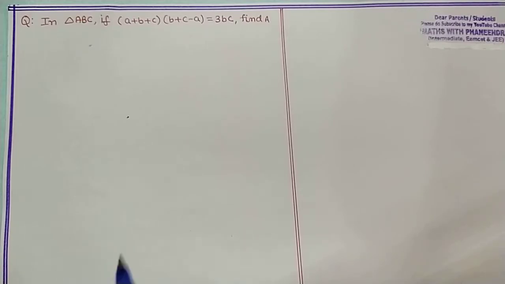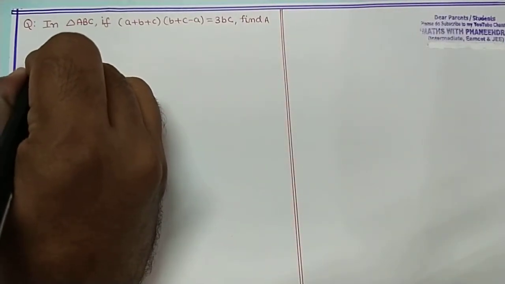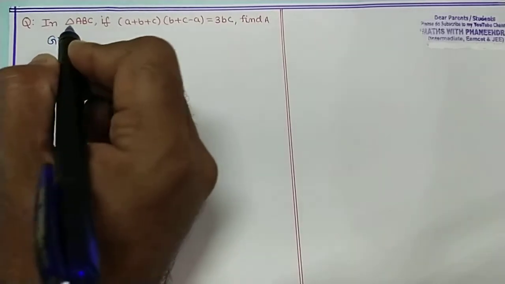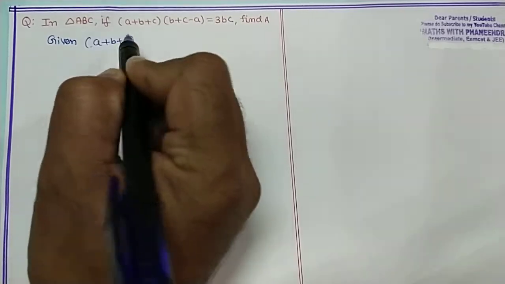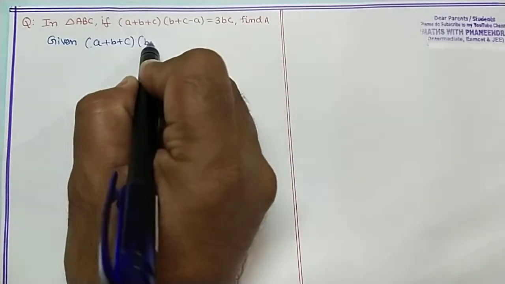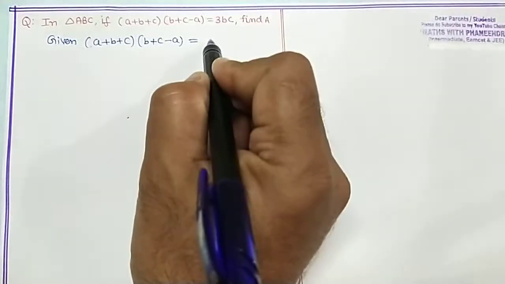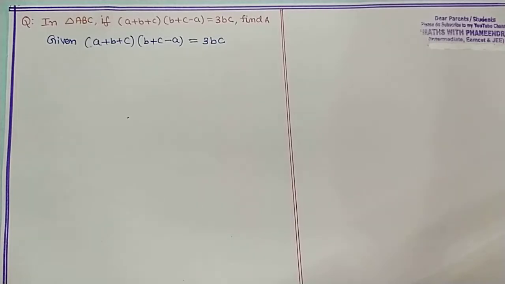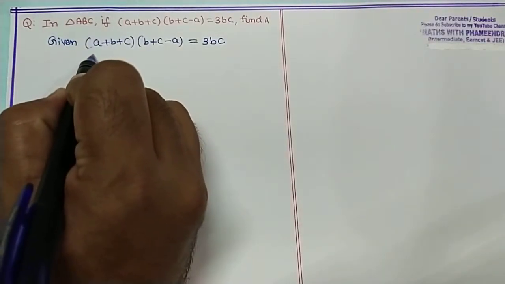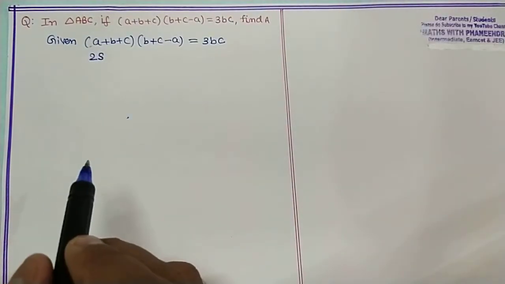So first consider the given information: (A plus B plus C)(B plus C minus A) equal to 3BC. We know that A plus B plus C is equal to 2S, so in place of A plus B plus C, you have to write 2S.